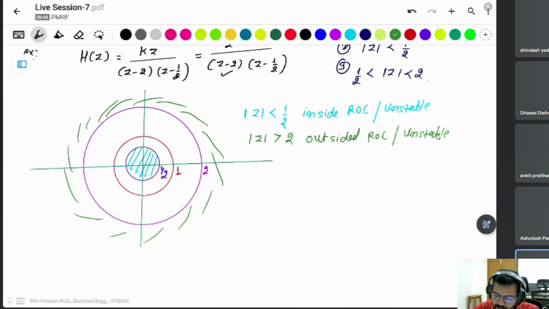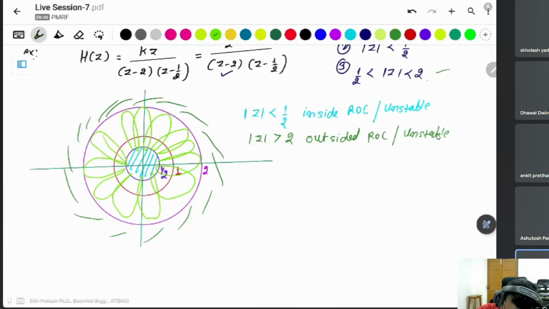Then third one is it lies between half and 2. In this case, the ROC includes the unit circle radius also.